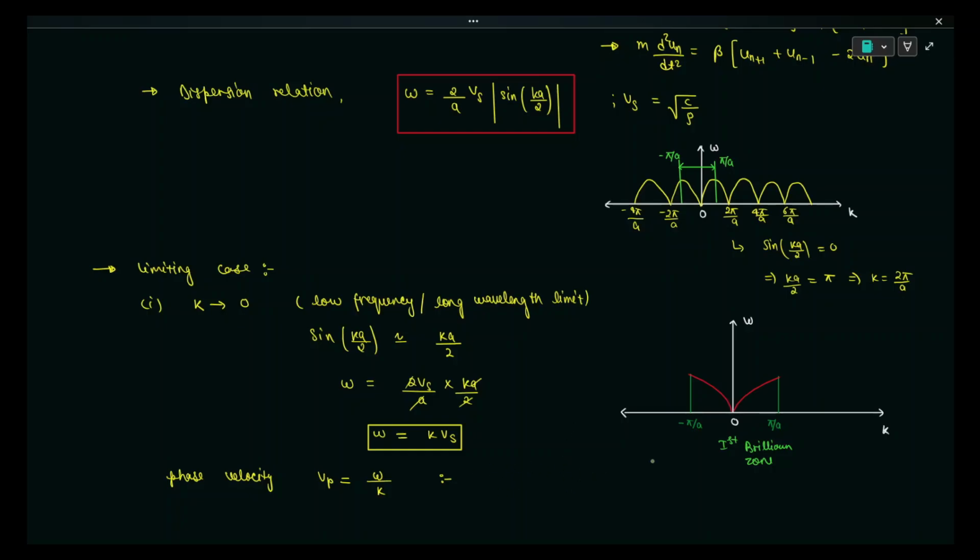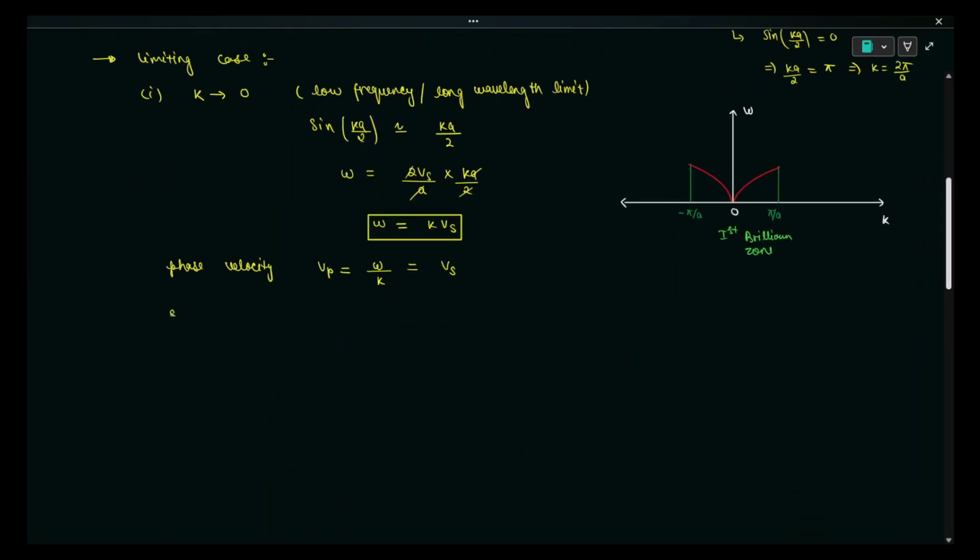We know that our plane wave has an exponential form, e raised to power iota omega t minus kx, and the phase velocity represents the rate at which the point of constant phase moves in the direction of wave propagation. Let's find the phase velocity in this case. It is very easy to see that the phase velocity will be equal to the sound velocity in this limiting case.